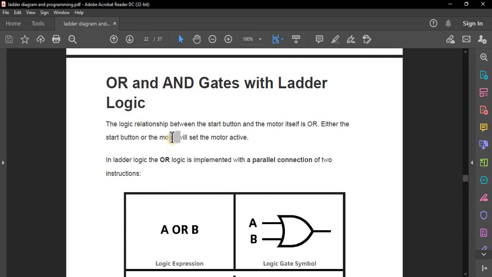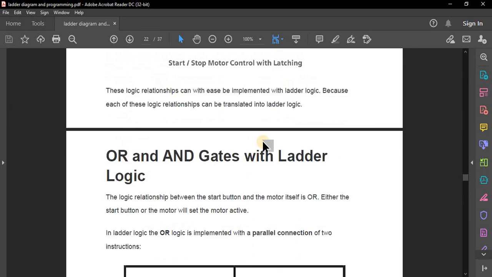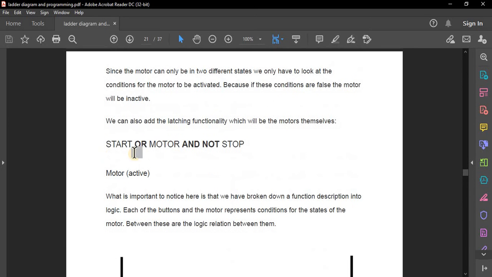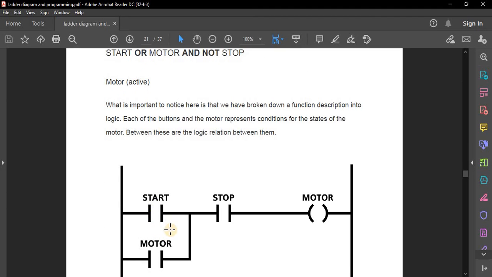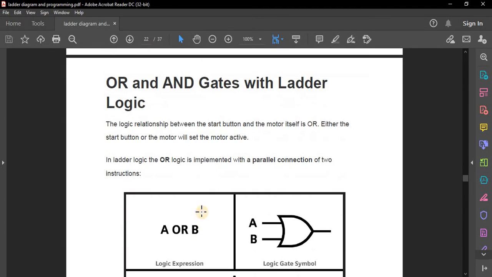The logic relationship between the start button and the motor itself is OR. You can see here start or motor: either the start button or the motor will set the motor active.